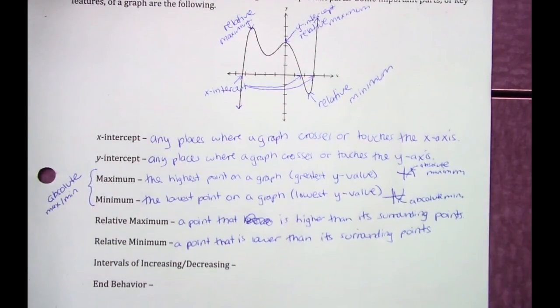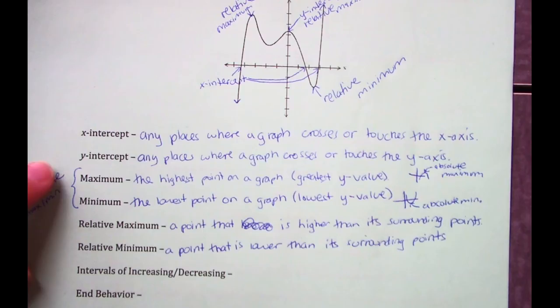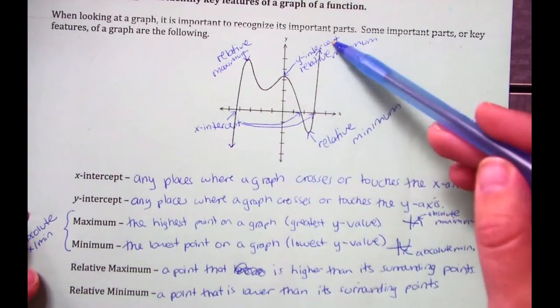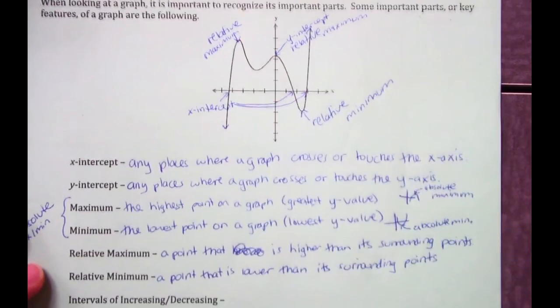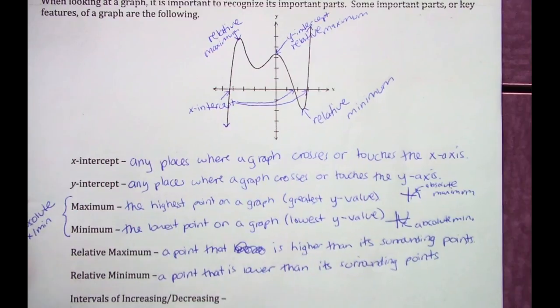Okay? So there's a difference. The absolute maximum or minimum, or sometimes just called the maximum or minimum, is the highest and lowest point on the entire graph, which oftentimes doesn't actually exist if the graph goes to positive or negative infinity. The relative maximum or minimum is a point that is just higher or lower than the points around it.